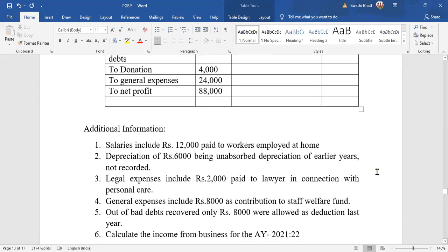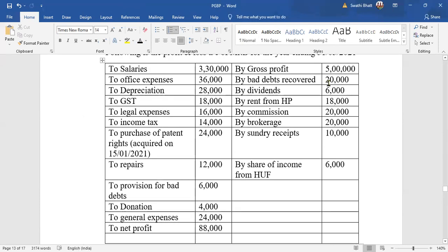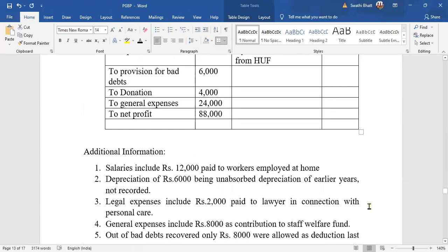Now, again, there is some information related to bad debts. Out of bad debts recovered, rupees 8,000 were allowed as deduction last year, which means that the amount you have recovered from bad debts is 20,000. Out of this 20,000, 8,000 was already deducted last year.